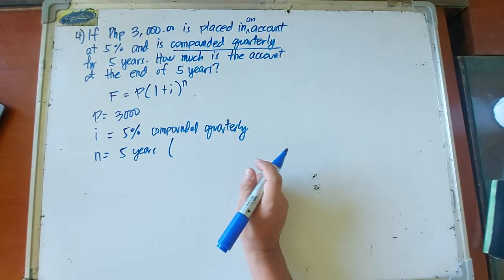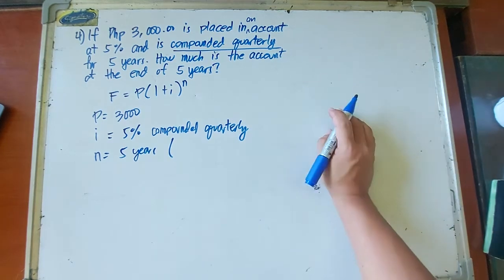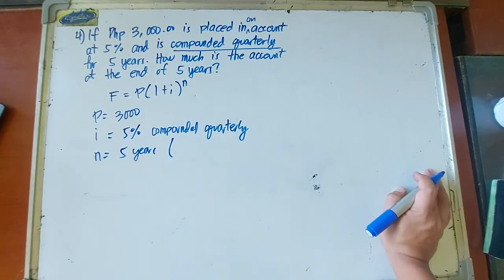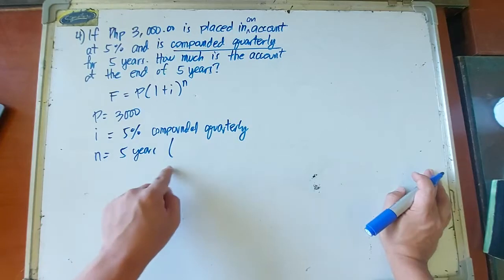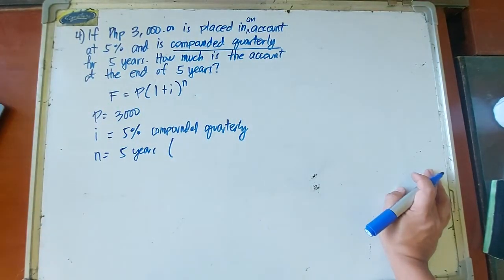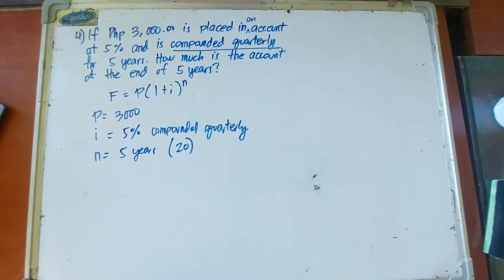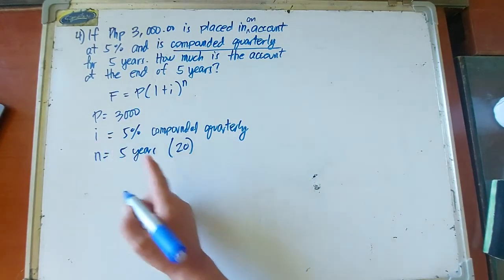Since it is compounded quarterly, pag sinabing quarter, 4 na beses, so 4 times a year. So basically, N would be 5 years, but since it is compounded quarterly, we need to multiply it by 4. So this is 20, or that is 4 times 5. So that's basically 20.